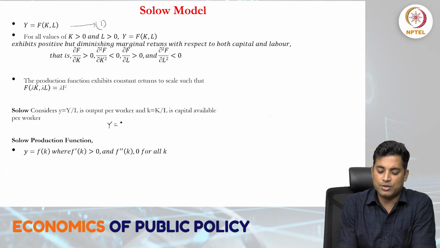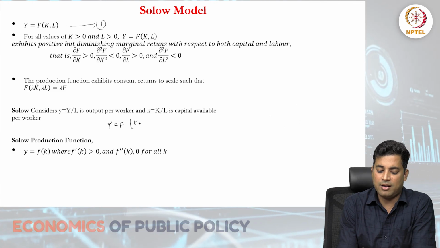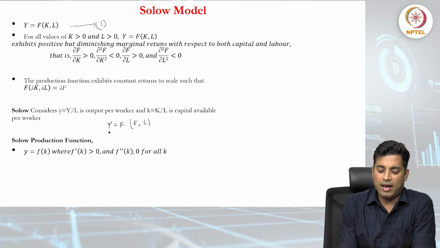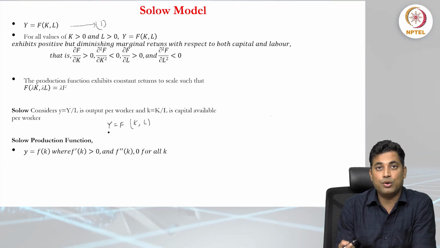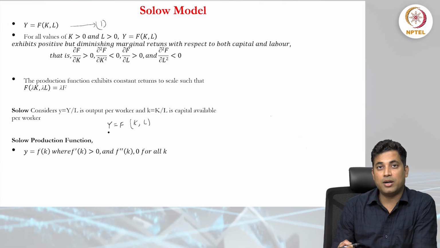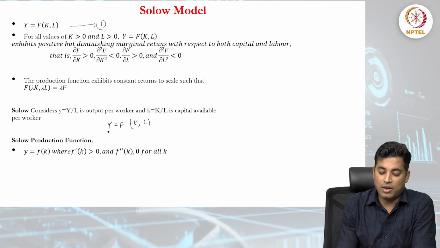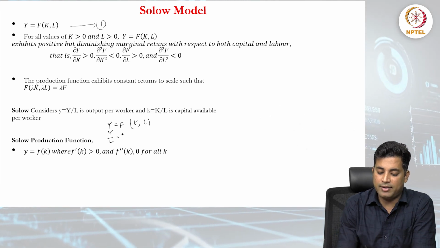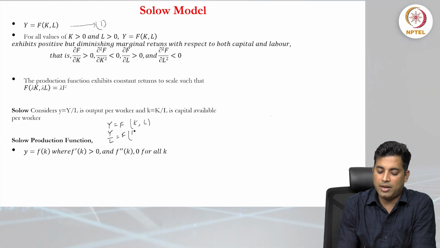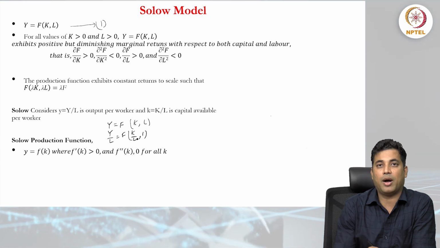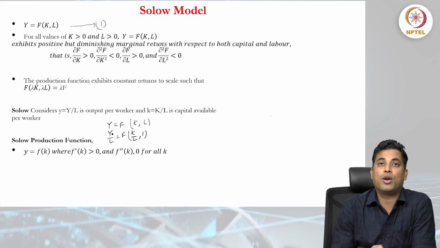If Y equals F of K and L, and Solow considers capital per worker and output per worker, so capital Y by L, and then F will become K by L, and then this is 1.